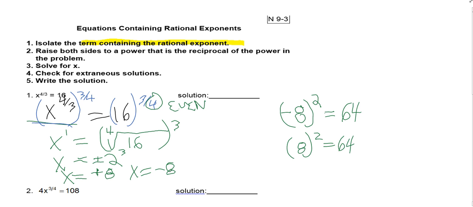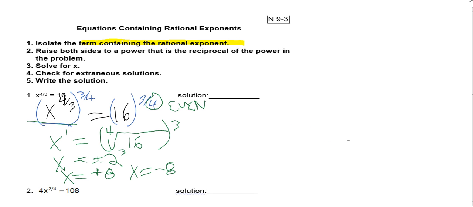Okay, so let's go to the fourth step, which is to check each solution to make sure that it's correct. So we're just simply going to plug that back into the original. So let's see, we'll do it in red. Let's check out the -8. The index is going to be 3, and we're going to take that and raise it to the 4th power.